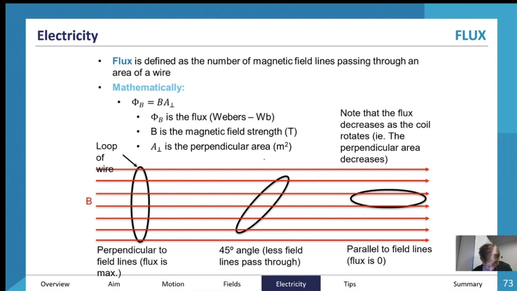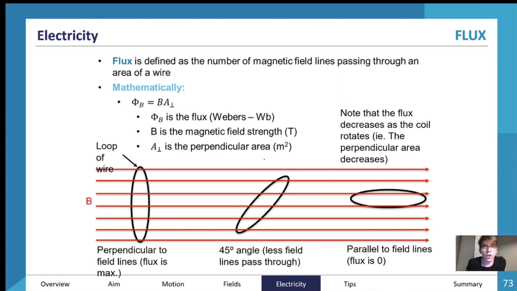I like flux, but I hate it too. The reason for that is because it's a bit complicated.